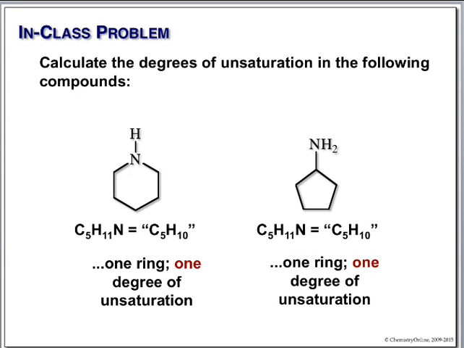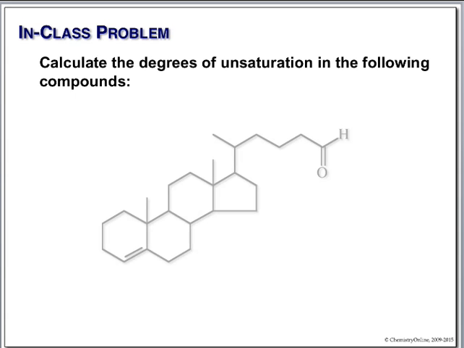Any questions? Well, these are way too simple to put on an exam, of course, right? So look at this and tell me how many degrees of unsaturation we have.